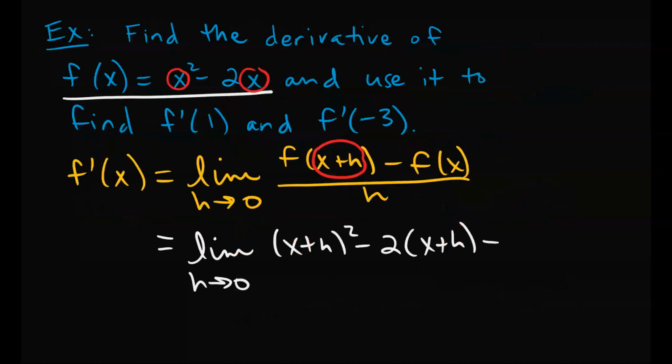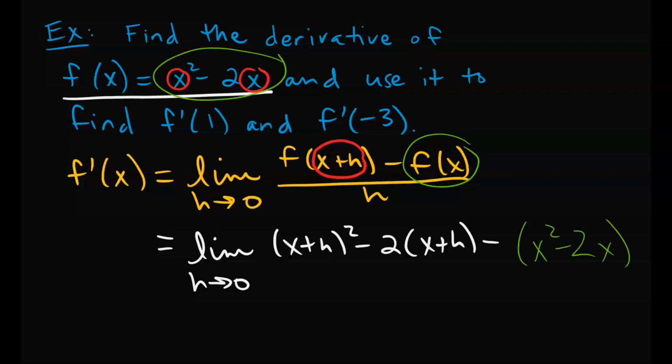Now careful here, you're supposed to subtract f of x, all of f of x. You're supposed to subtract x squared minus 2x. So don't forget the parentheses there. If you don't have the parentheses, you'd be subtracting the first term but adding the second term. So don't forget those very important parentheses there. And then all of that is divided by h.